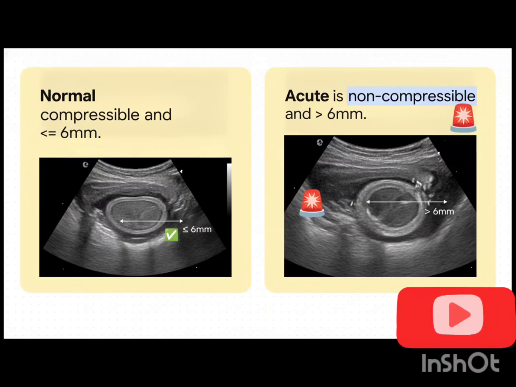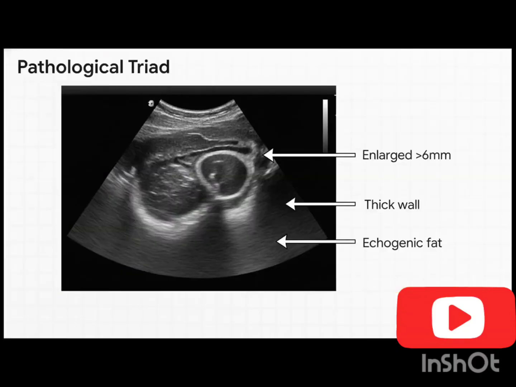But in acute appendicitis, the structure crosses that dangerous 6 millimeter line, becoming severely enlarged. And because it's so swollen and inflamed, with all this pressure building up from the inside, it becomes completely non-compressible. No matter how much graded compression the sonographer applies, it simply will not flatten out.